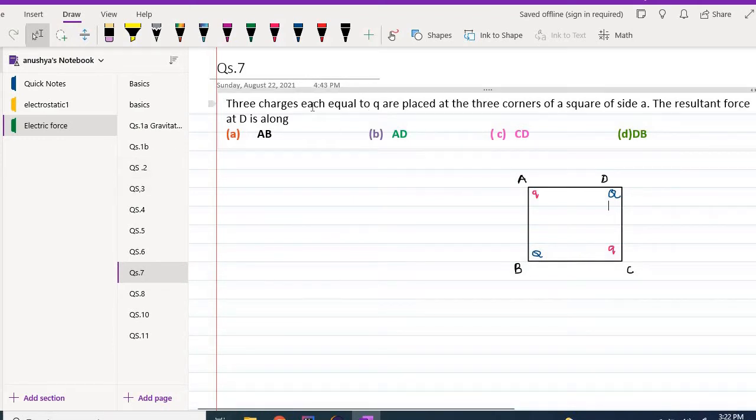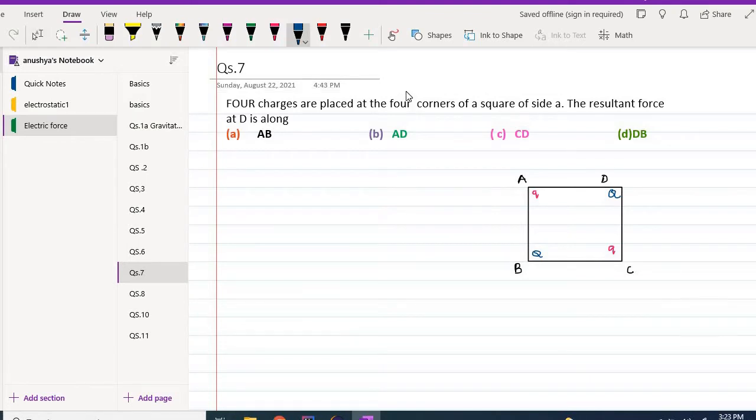Three charges, so just I'll change the question. 4 charges are placed at the 4 corners, sorry for this, 4 charges are placed at the 4 corners of a square of side A. So side is A. And what is the resultant force experienced at D?